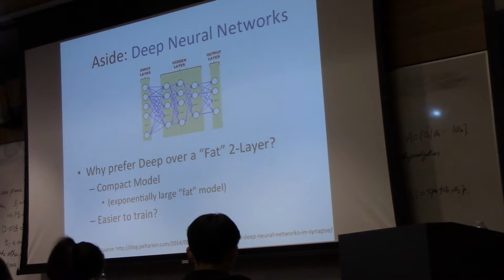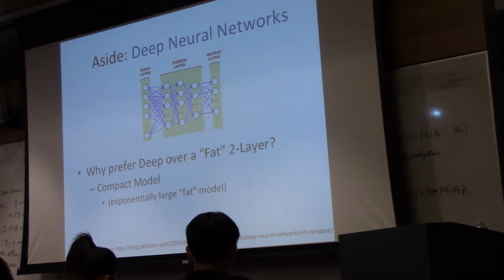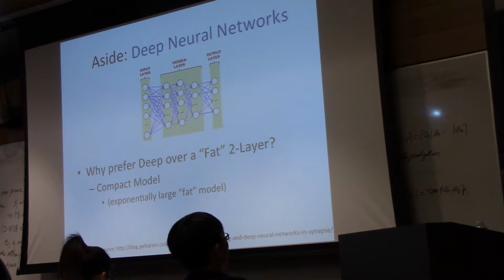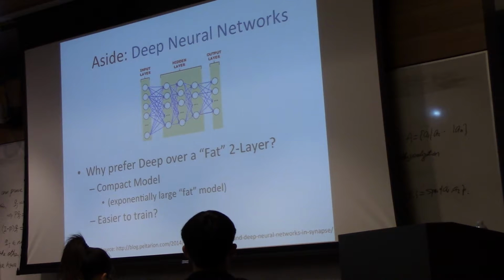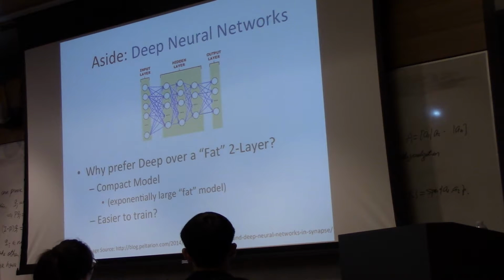For those of you who have studied circuits in complexity, there's an analogy there as well. But is this easier to train than a shallow 2-layer network? That's something we'll talk about later on in the course as well.